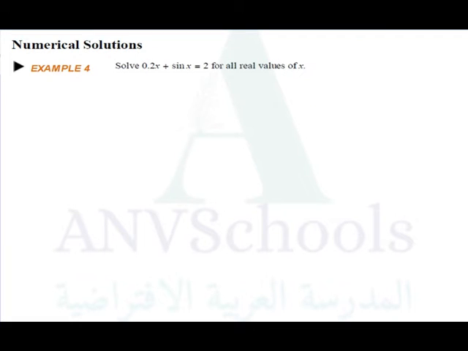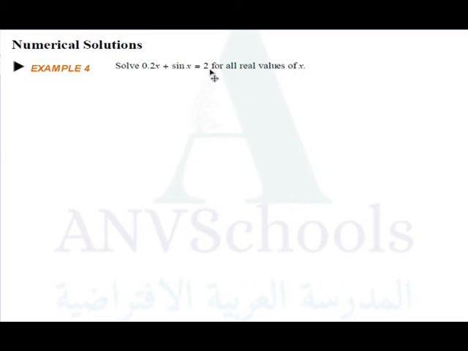So numerical solutions. What about numerical solutions? Now some trigonometric equations cannot be solved in terms of algebra. This is true if the variable appears in the argument of a non-algebraic function, such as y is equal to sine x, and in an algebraic equation such as the one that is being written here.